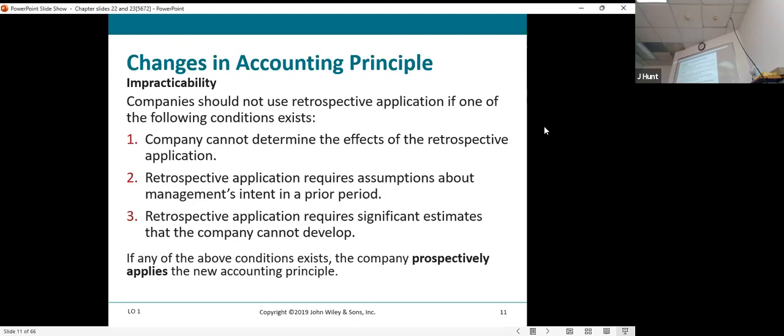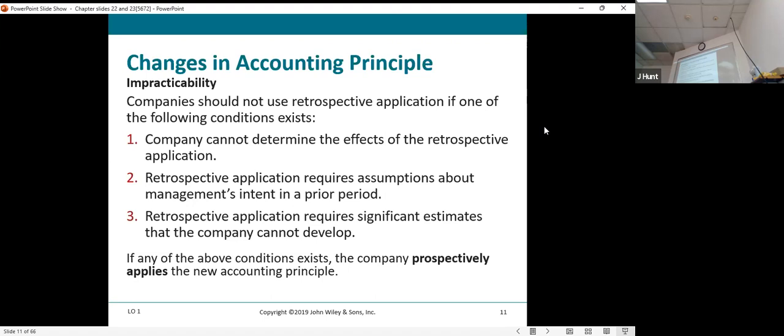So that is something a little deeper, and for any of these, you have to actually document and demonstrate that you could prove that, right? 3rd, application requires significant estimates the company cannot develop.